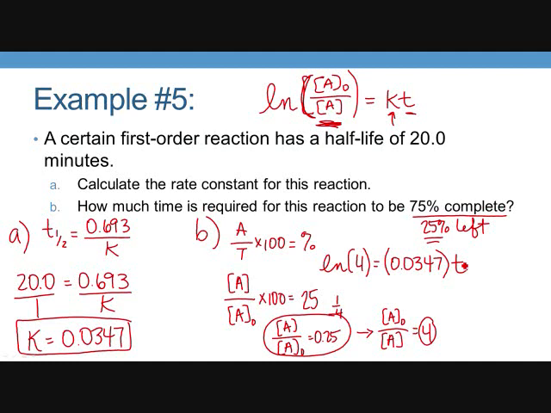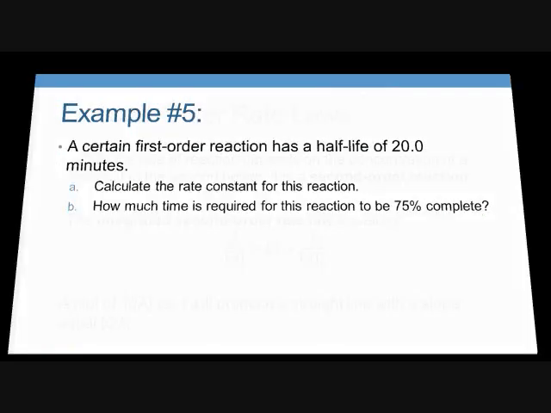So you hit the natural log of 4 in your calculator and then divide by the constant, and then time is 40. To know what the unit is on the time, just look at what the half-life unit was, and that was minutes. Okay, so this is just a different way of thinking about how to solve for it. Will you have one like this on the quiz? Not necessarily, but it's a nice little brain teaser for you.